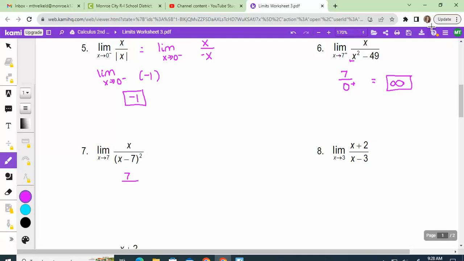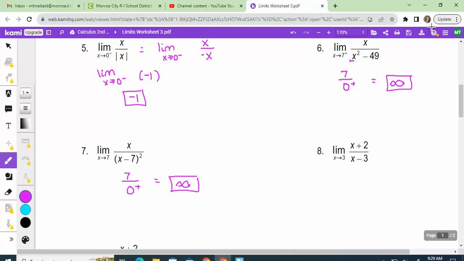Whether it's positive or negative, once you square it, it becomes positive. So we're approaching 0, but from the positive side. So 7 divided by a smaller and smaller positive number. Positive infinity. Now, if that square hadn't been here, we wouldn't be able to do that limit, because as you approach from the left, it would have been negative, and from the right, it would have been positive. And it wouldn't have matched.